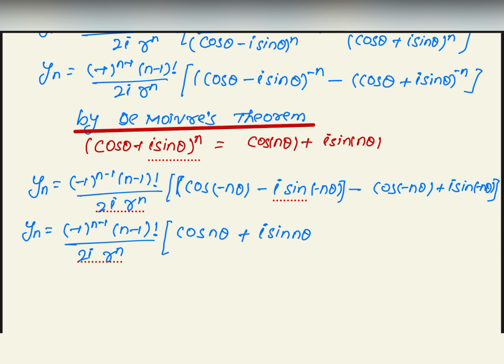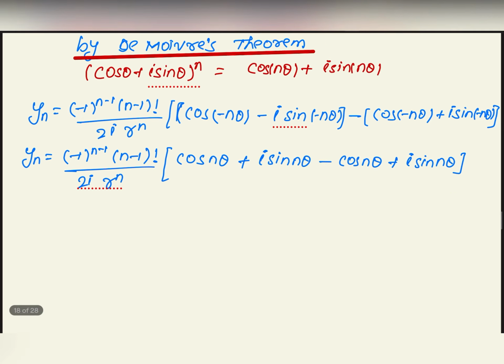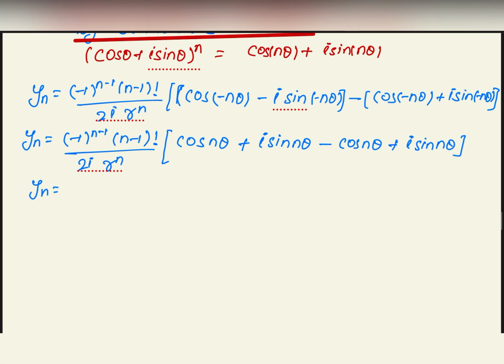Similarly here it becomes minus cos n theta plus i sin n theta. So yn is equal to minus 1 to the power n minus 1, n minus 1 factorial, 2i r^n into 2i sin n theta. So 2i gets cancelled.